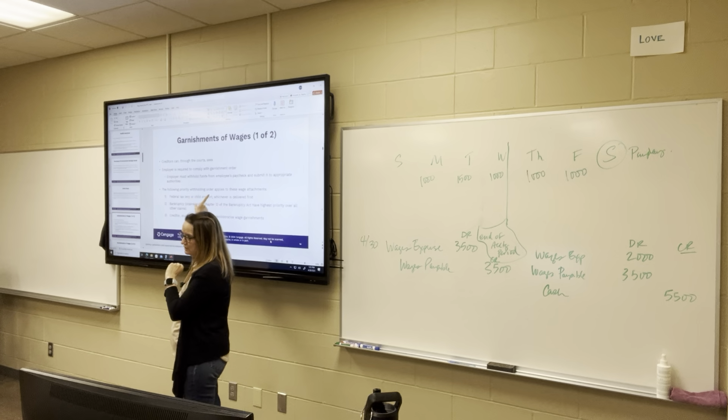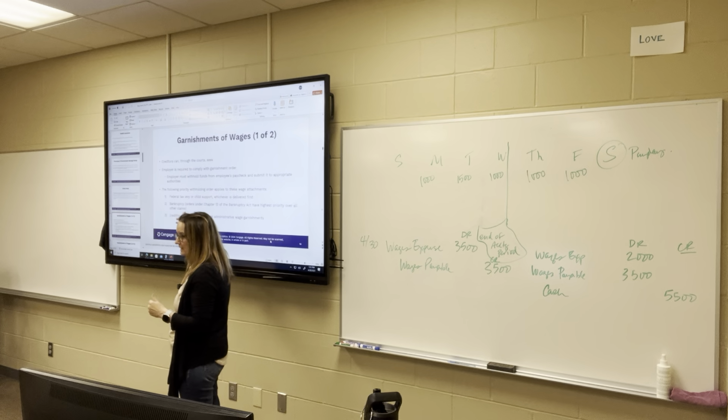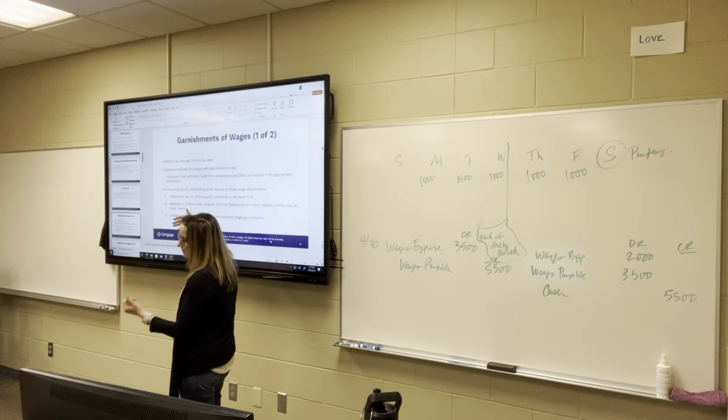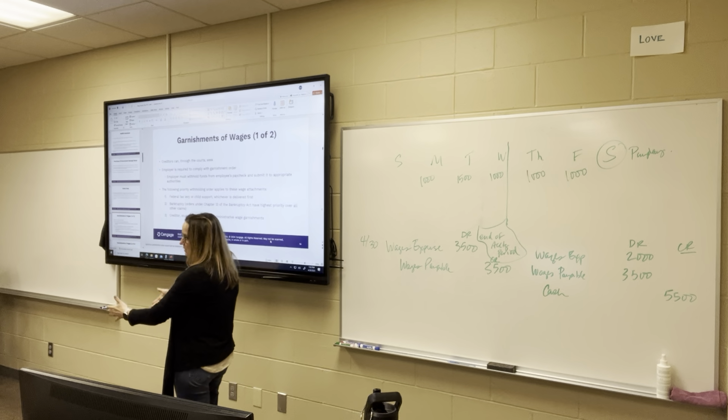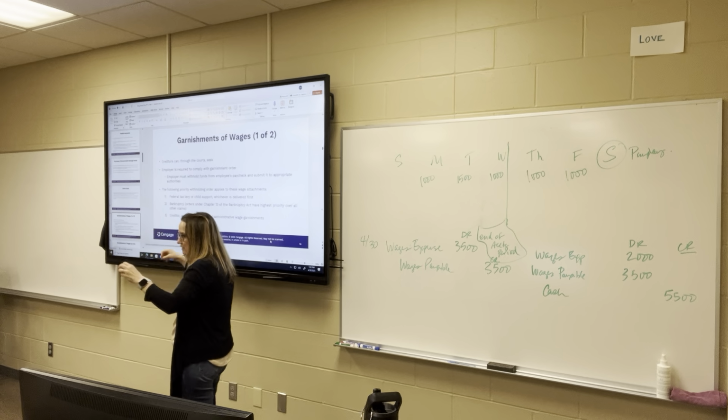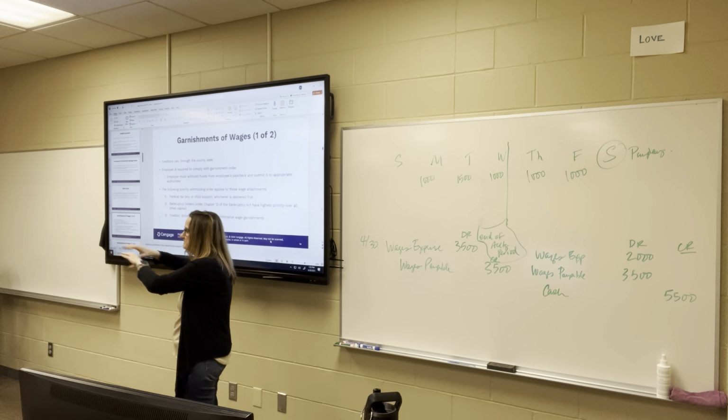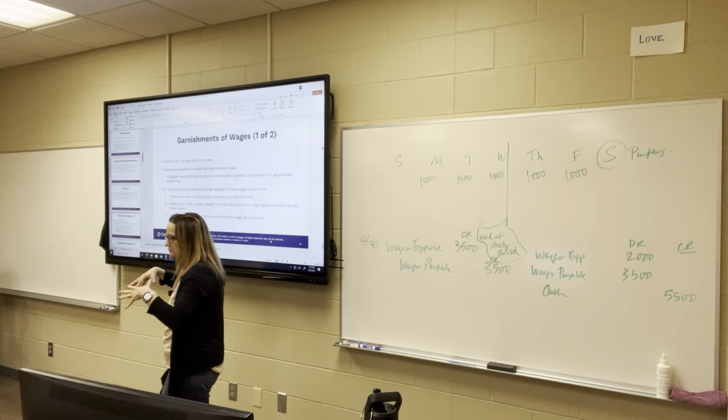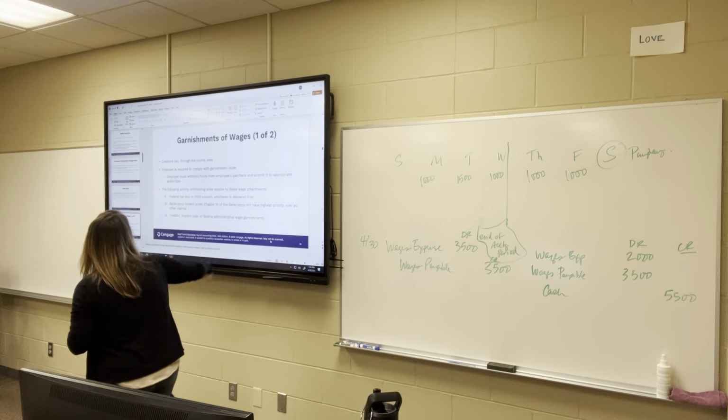So federal levies or child support, whichever got there first, and next up would be bankruptcy. Any bankruptcy claims would come next, because bankruptcy would be a court order. You've gone through the court system, and they've said this is how much you owe to all of these creditors, and then the courts divvy up the monies that they collect to the different creditors.